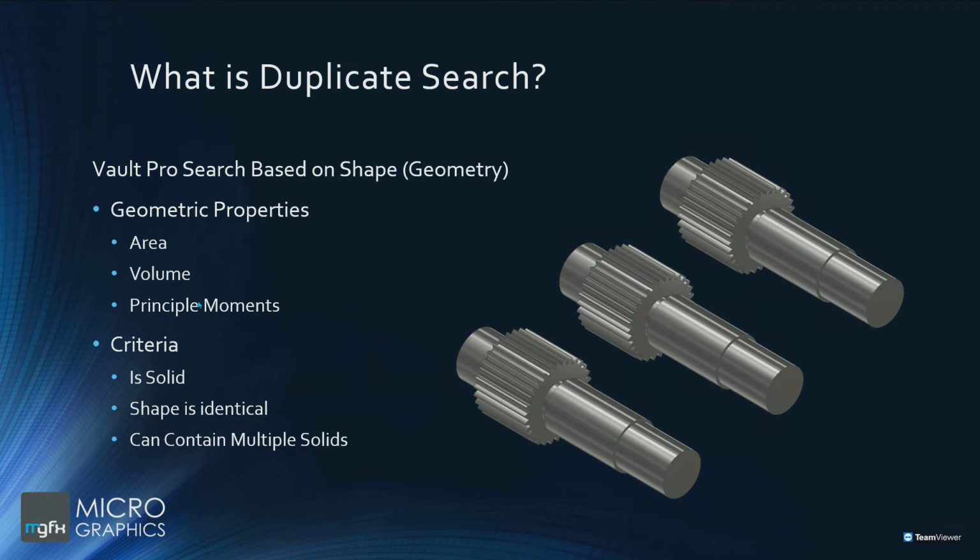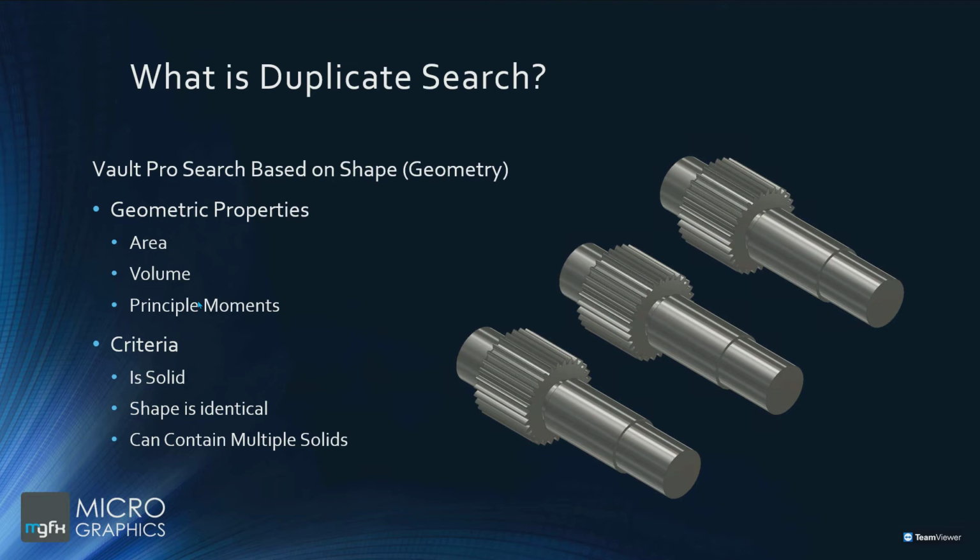So, the question: what is duplicate search? Well, it's a Vault Pro search based on shape or geometry. It's a function enabled within Vault Pro that will index files, and essentially it indexes the geometric properties that we have listed here.